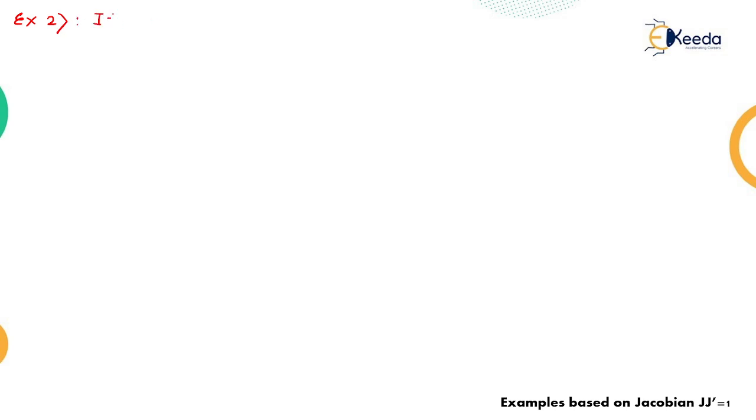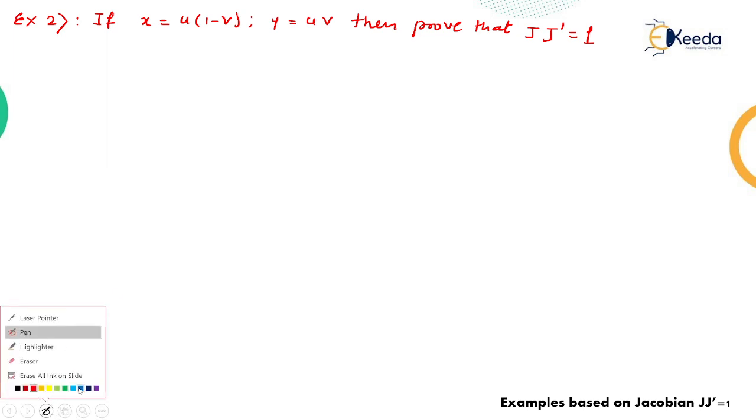If x equals u(1 minus v), y equals uv, then prove that J into J dash is equal to 1. So we have to calculate what J means and what J dash means, and after that we have to prove this. So let's see the solution.